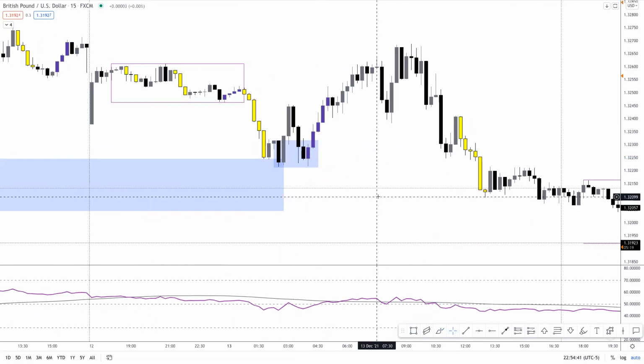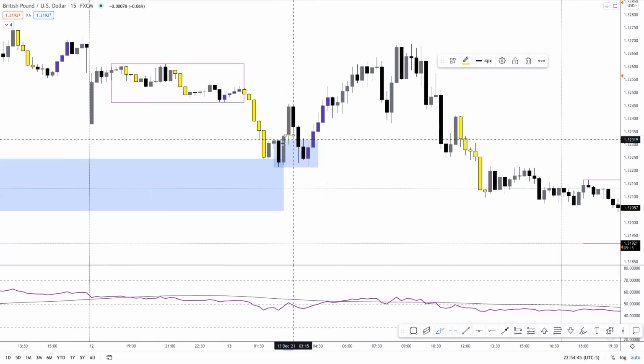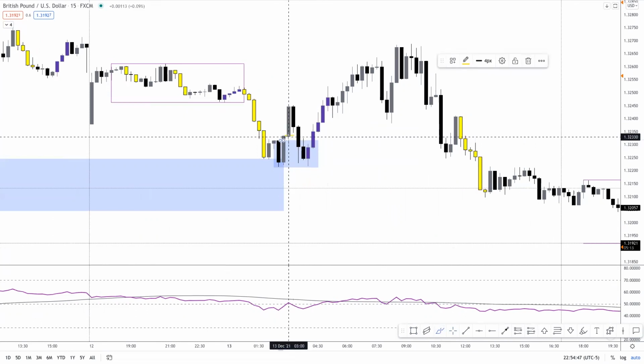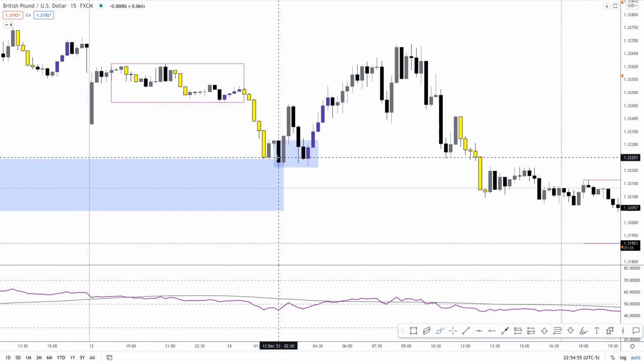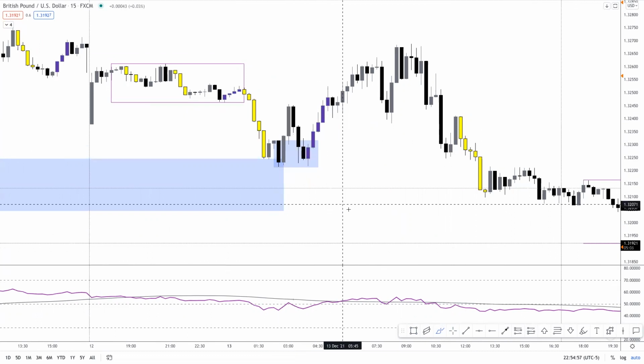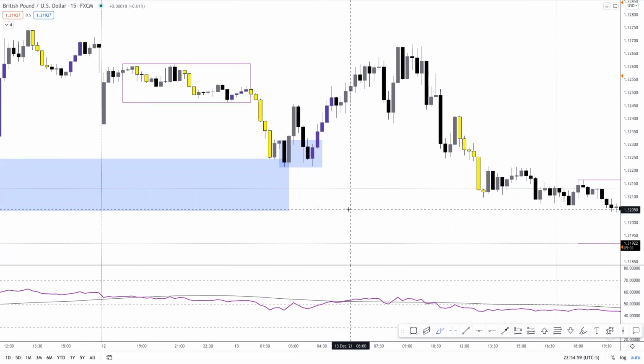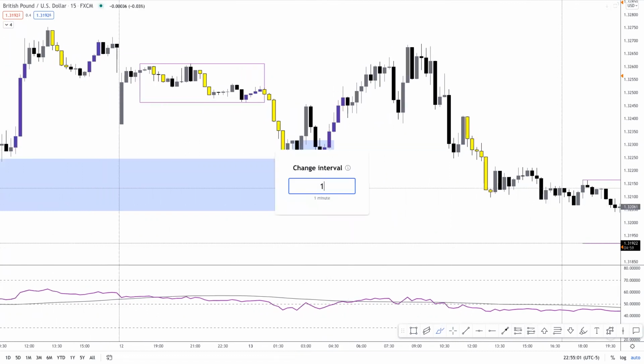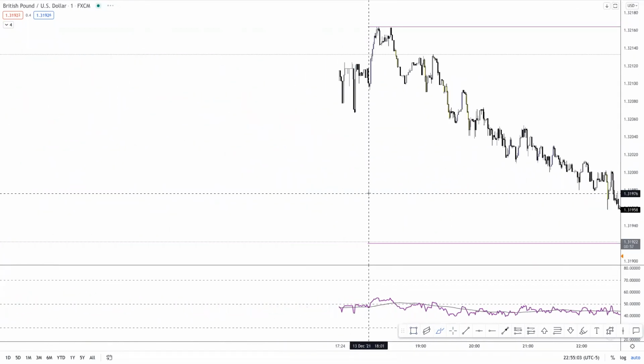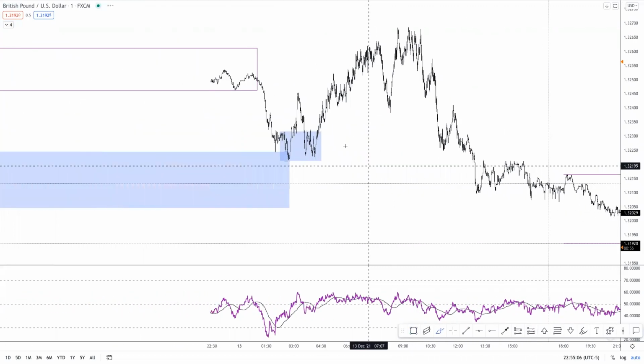Yes, a lot of the time your POIs should have an imbalance between here and here, and that's going to validate even more. So if you want to jot that down too: if there is an imbalance between the third candle and the POI, then your POI is also more valid. Now let's go into the 1 minute to see how valid this POI is and why it worked.